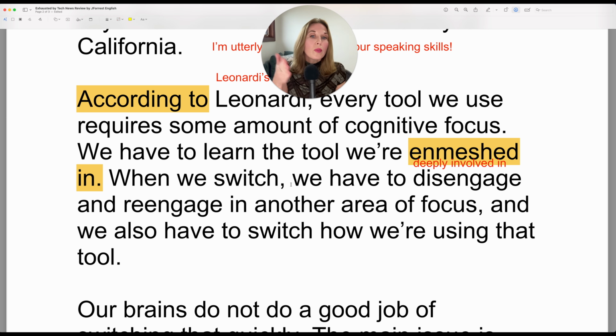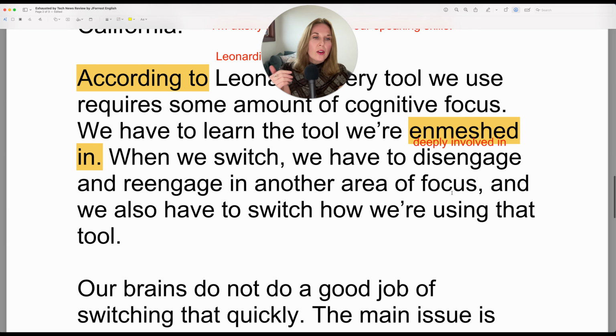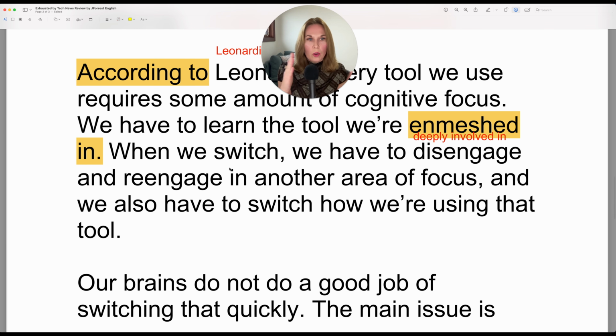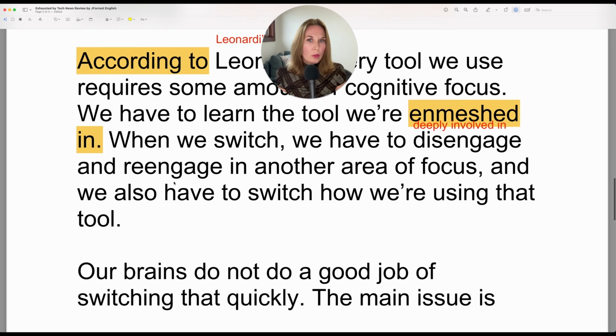So that's when we switch tools. When we switch, we have to disengage. So stop focusing on the tool I'm currently using and re-engage in another area of focus. So just shift your attention, shift your focus. That would be the easier way of saying that. We have to disengage and re-engage in another area of focus.